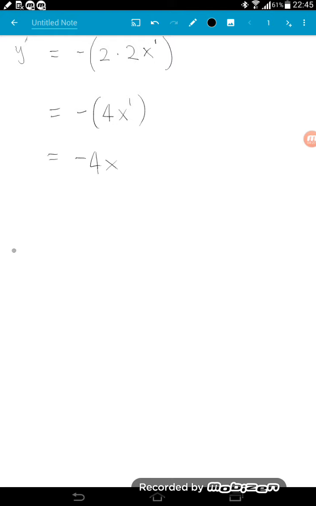Alright, let's do another question over here. f of x equals, say, 2x to the power of negative 2. You guys will be like, hey, how am I supposed to find the derivative of 2x to the power of negative 2? Well, it looks hard, but it's actually pretty simple. All you have to do is, see that's your exponent. Negative 2 is your exponent. So you just bring it up to the front. So it'll be negative 2 times 2x.